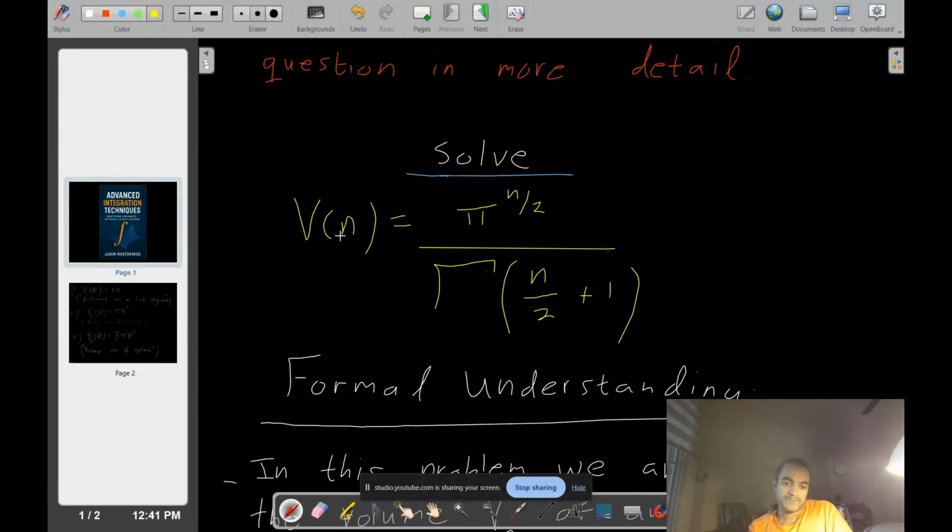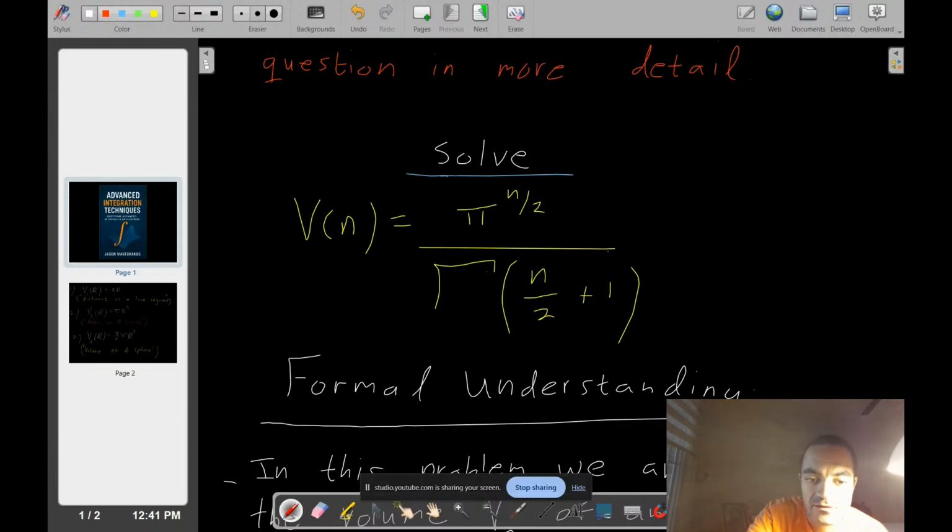So V of n, the volume, is equal to pi to the n over 2 power divided by gamma of n over 2 plus 1. Now what we're going to look at is n equals 10 dimensions.